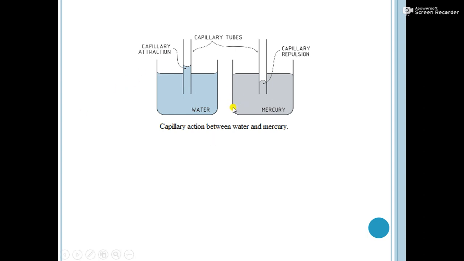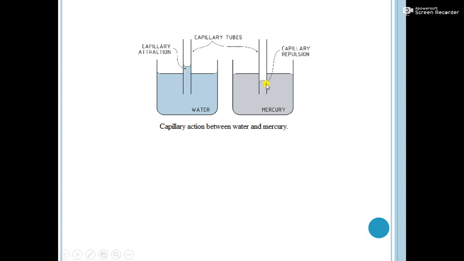Capillary action can be capillary rise and capillary fall. It is just because of two different forces, adhesive force and cohesive force. In adhesion, as we can see in the case of water, the molecules of water are attracted towards the surface of the capillary tube and stick to the wall of the capillary tube.